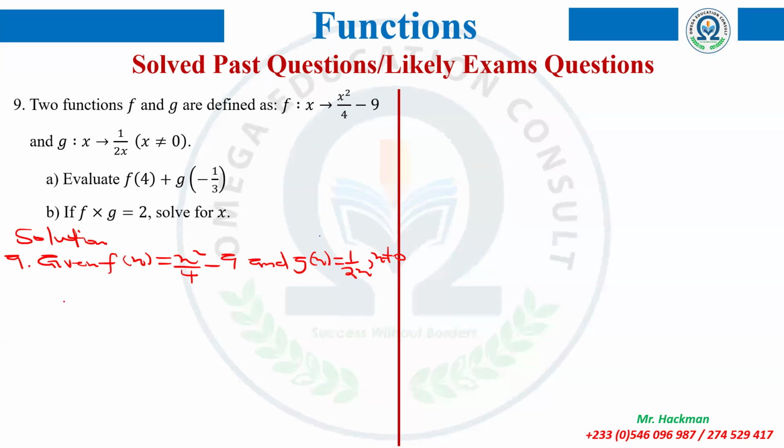Now, A, we need to evaluate. So what are we supposed to evaluate? f of 4 plus g of what? Minus 1 on 3. What are we dealing with? We are evaluating. Is it an expression, an equation, or an inequality?